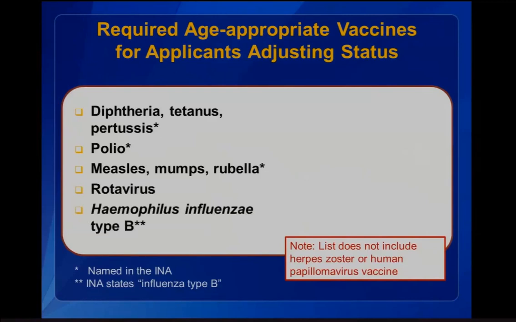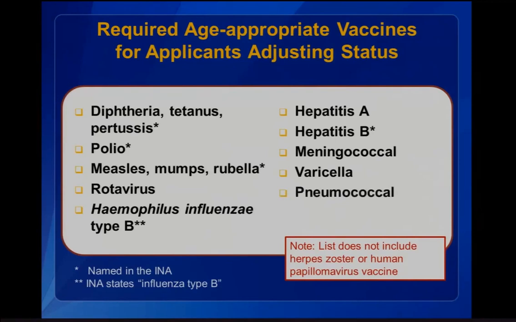Haemophilus influenzae type B, we consider as named in the INA. What the INA said was influenza type B. It wasn't quite clear whether they were talking about Haemophilus or talking about influenza. So we consider both of those as required. Hep A is required now. Hep B was named. Meningococcal is required, varicella, pneumococcal, influenza.